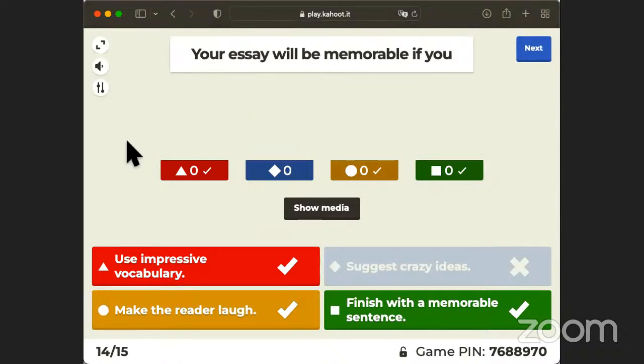All right, your essay will be memorable if you use impressive vocabulary. Yes, it's important, especially try not to use very common words such as and, but, because. No, try to use linking words. Yes, making the reader laugh will create a connection with them. Finish with a memorable sentence. Yes.